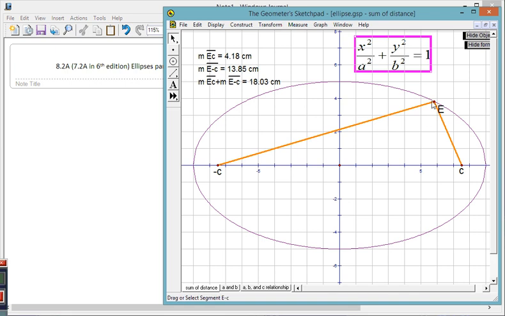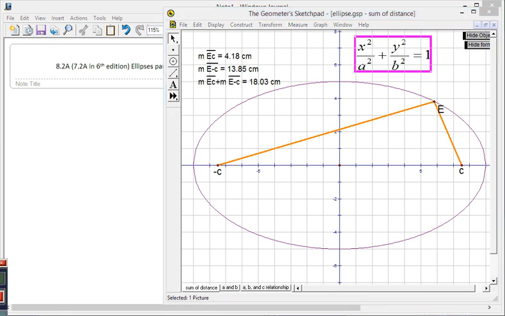And b tells us this length. In the next video, I'll show you how it looks when they're switched and the larger number is under the y squared. But for now, we'll just look at it in this direction.